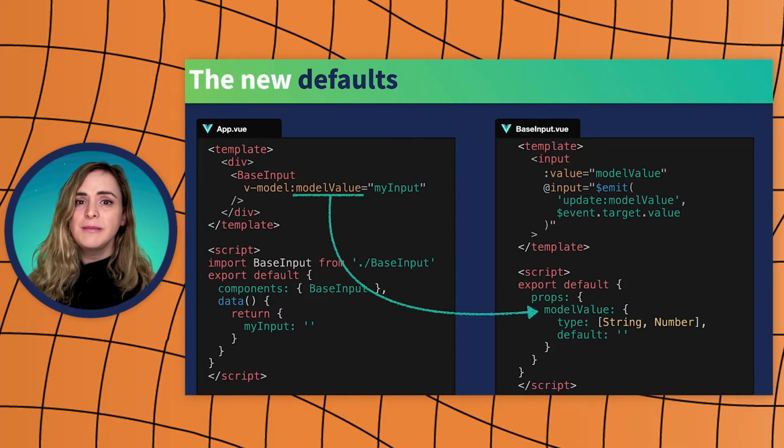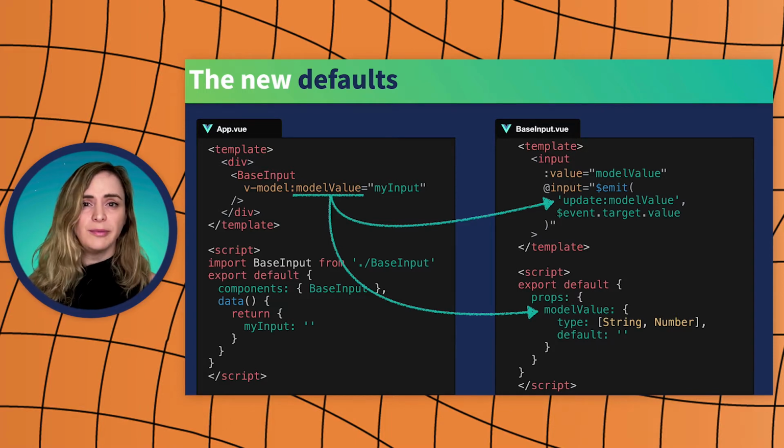So v-model equals myInput is now actually short for v-model:modelValue equals myInput. You're probably wondering at this point why this is important or actually useful. Let's now talk about multi-vModel bindings and how this new syntax is going to play a very important role.